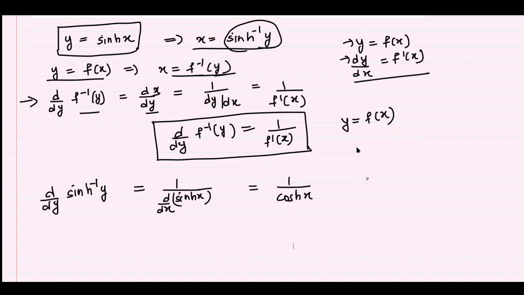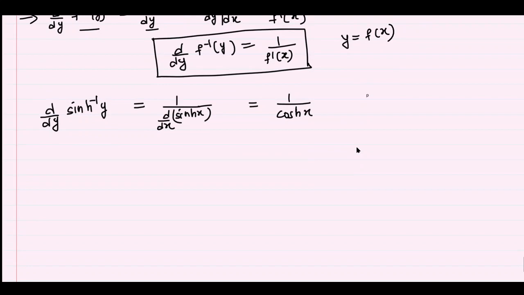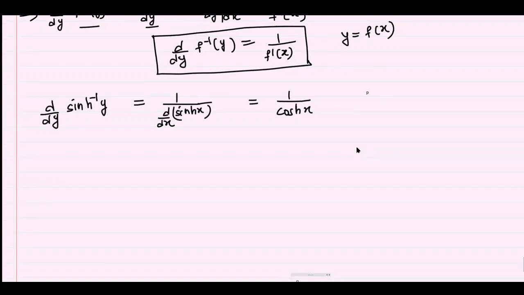Also we can deduce the derivative of sinh inverse. We got the derivative as 1 by cosh x. Now we know the formula cosh square x minus sinh square x equals 1.